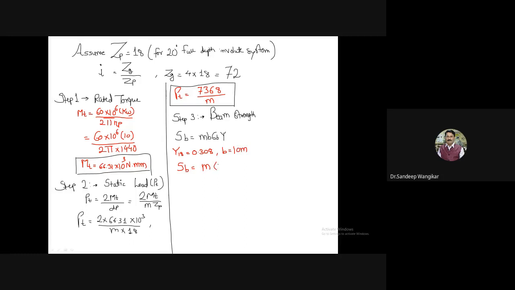So SB is M into 10 times module into sigma B, which is SUT divided by 3, into 0.308.